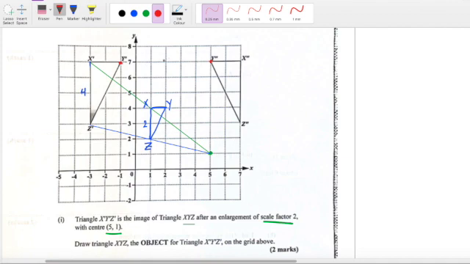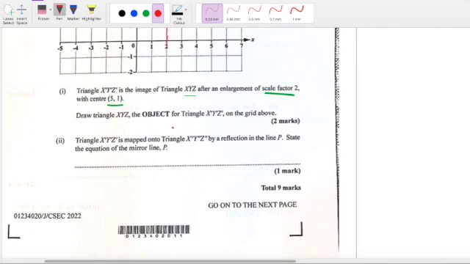So 1, 2, 3, this line, and then 1, 2, 3. So yeah, the line P, the mirror line, will be this line. And that is the line x equals 2. It's a vertical line. So the mirror line is the line x equals 2.